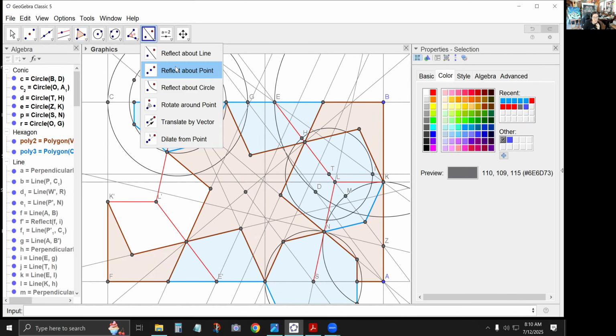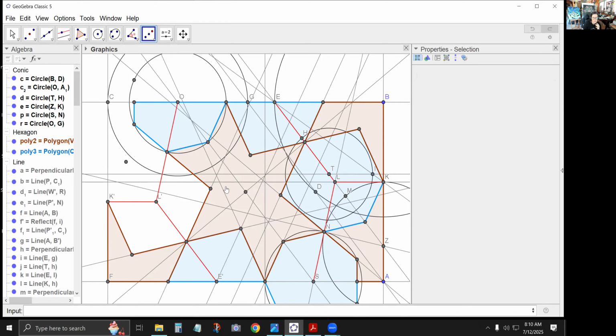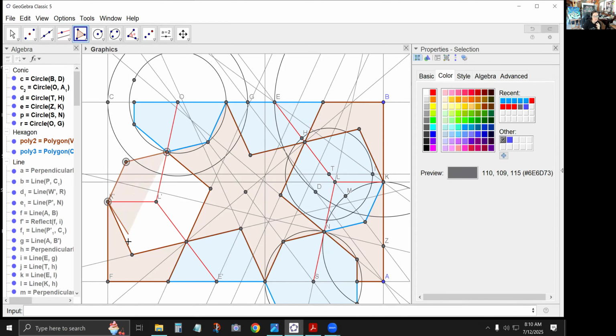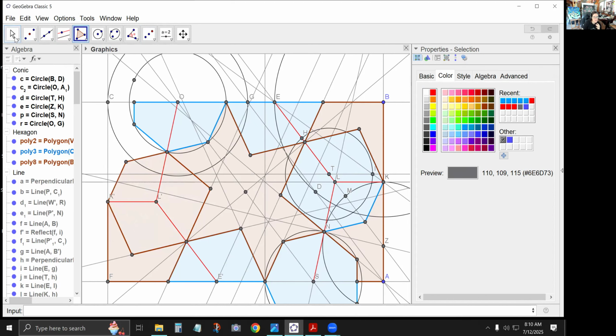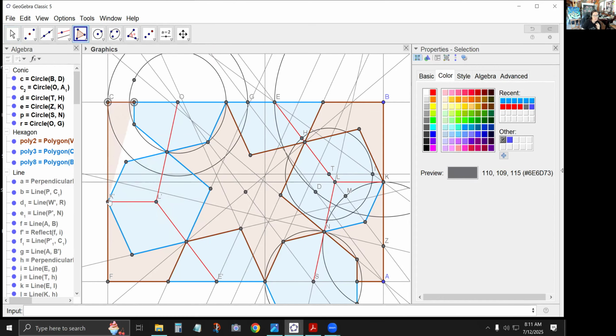So I'm going to get that from over here. So that's the equivalent of that point. So I'm going to put in this polygon. I'm going to make it blue. And then finally, I can put in this corner polygon.